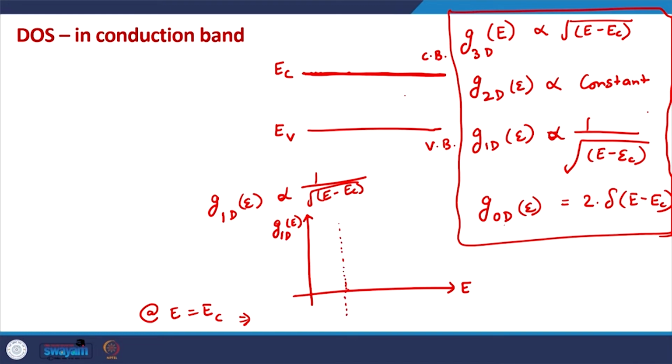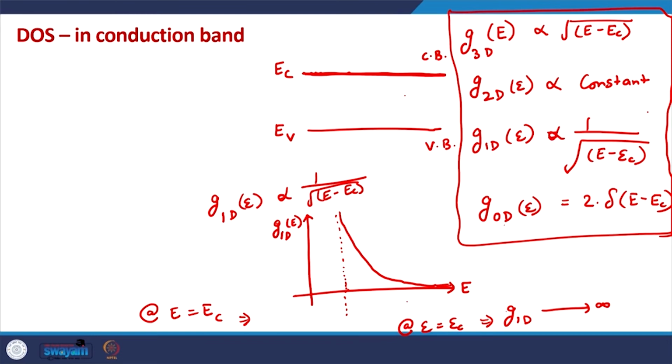Just at the bottom of the conduction band, which means at E equals Ec, G1D actually tends to infinity. So, this is a huge number at the bottom of the conduction band.